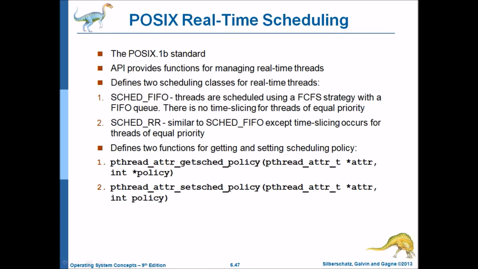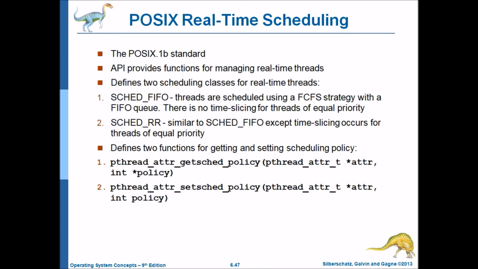So the POSIX API specifies the following two functions for getting and setting the scheduling policy: pthread_attr_getschedpolicy and pthread_attr_setschedpolicy. So it's the getter and the setter. The first parameter to both functions is a pointer to the set of attributes for the thread.